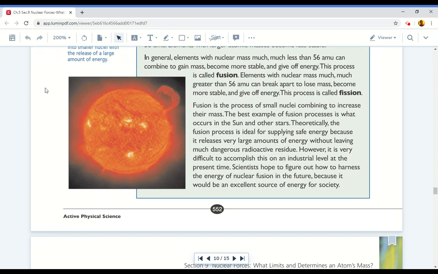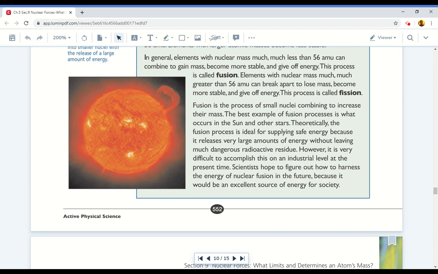In general, elements with nuclear mass much less than 56 AMU can combine to gain mass, become more stable, and give off energy. This process is called fusion. Elements with nuclear mass much greater than 56 AMU can break apart to lose mass, become more stable, and give off energy. This process is called fission.